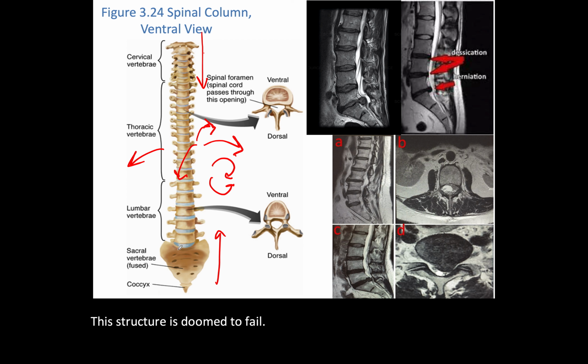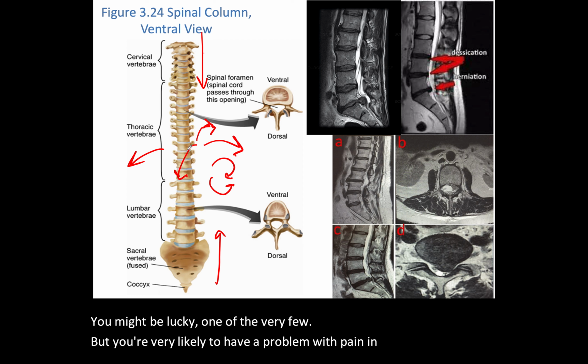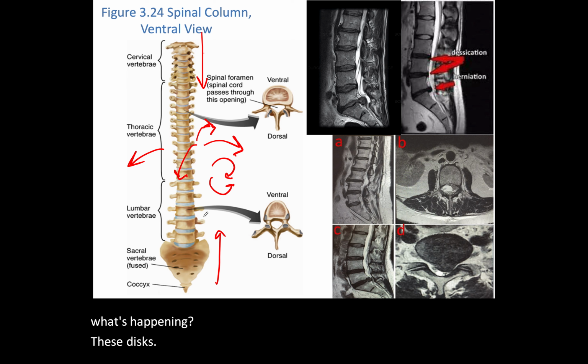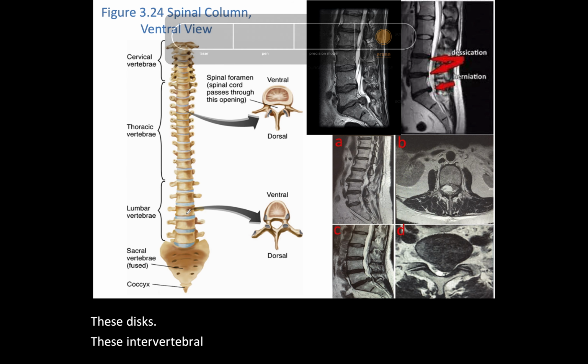That's why back pain is essentially universal. You might be lucky, one of the very few, but you're very likely to have a problem with pain in the back. Now, what's happening? These intervertebral discs simply fail.